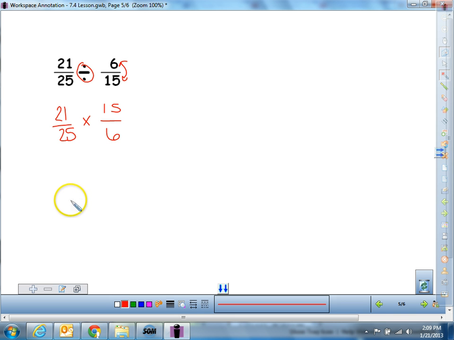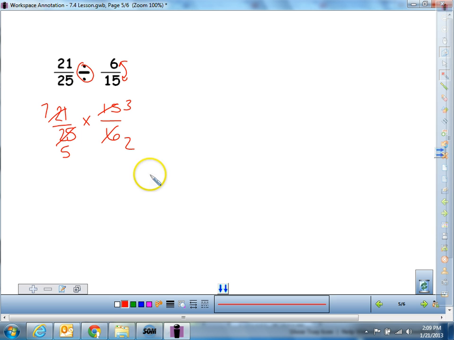Now I can go ahead and multiply. I can divide this by 5 to get a 3, divide this by 5 to get 5. Both of these I can divide by 3 to get 2, divide by 3, and I get 7. So I have 7, 3, 5, and 2.